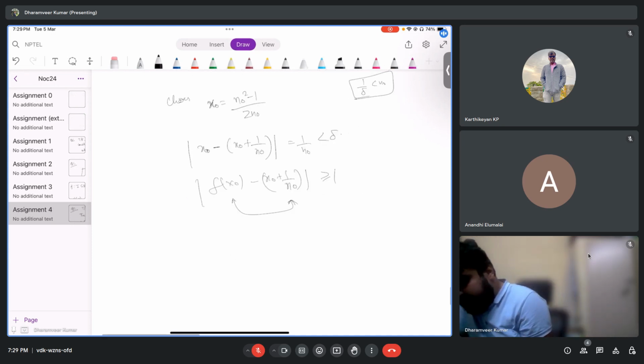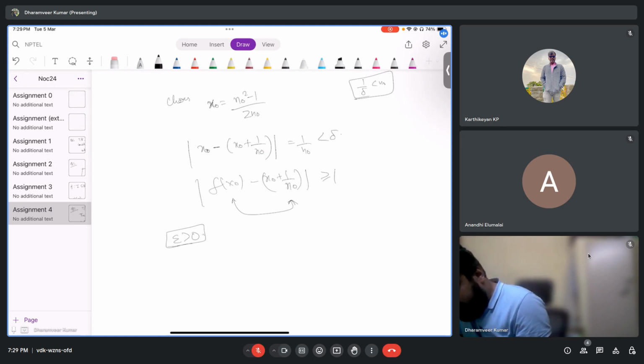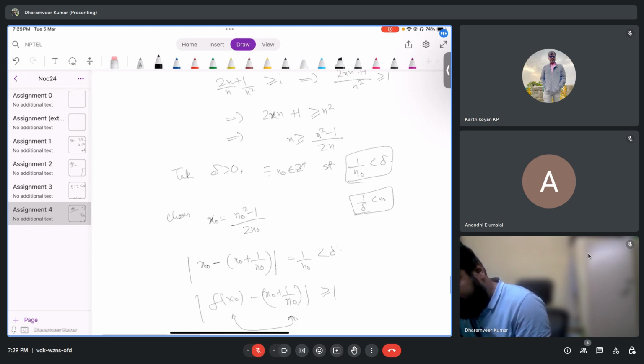Let's say you give me some epsilon. Then if I choose x equal to x naught and y equal to x naught plus 1 over n naught, where n naught is given by this.